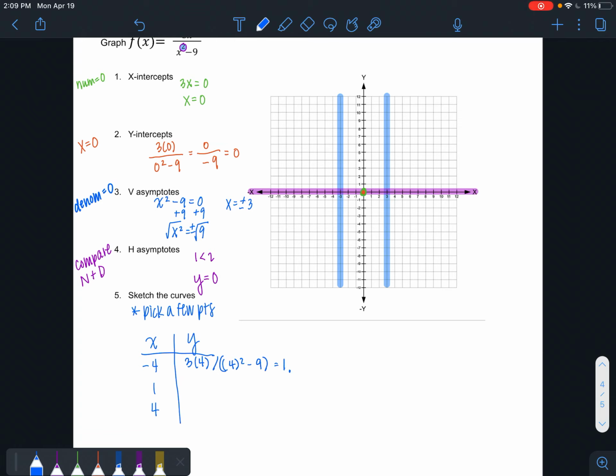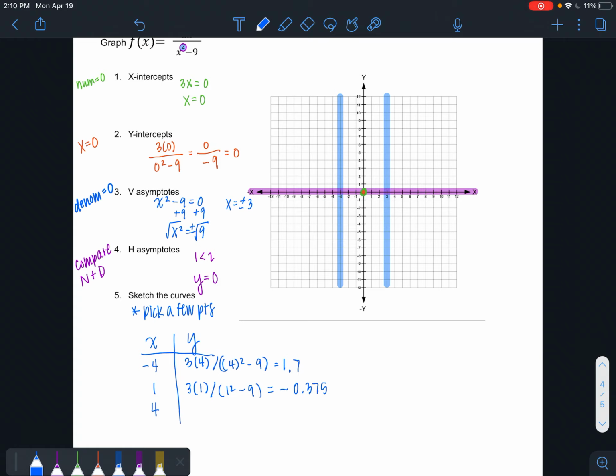And we get 1.7. We plug a 1 in, 3 times 1 divided by 1 squared minus 9. We get negative 0.375.